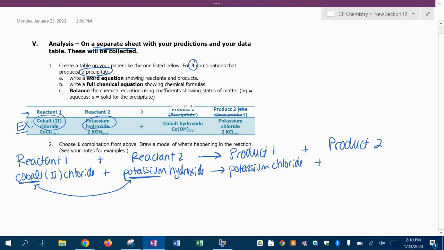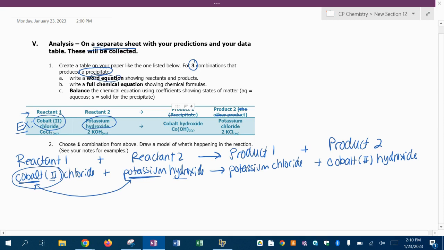And my second, cobalt, make sure you keep that Roman numeral 2 because it tells us the charge of the transition metal, which won't change whether it's a reactant or a product. So cobalt 2, and then this time we're going to have hydroxide as our second product. Now, if you happen to write cobalt 2 hydroxide for your first product and potassium chloride for your second, that is totally fine. Okay, so that's part A.